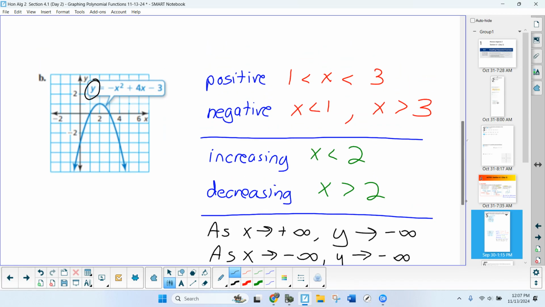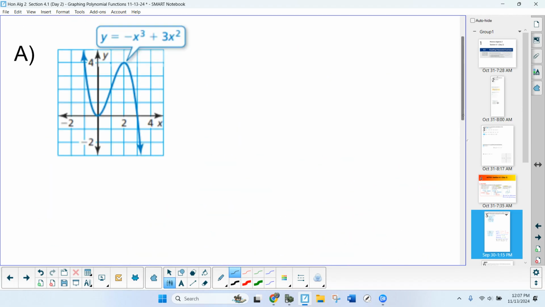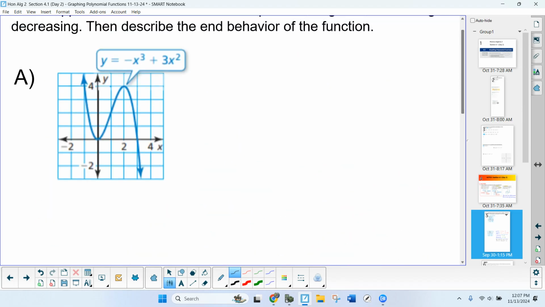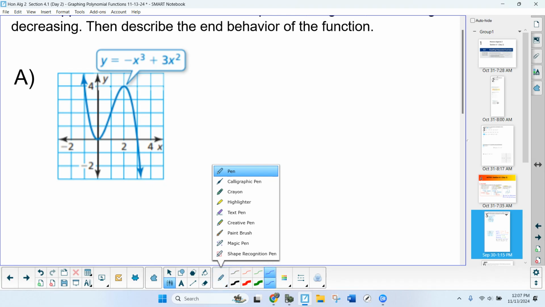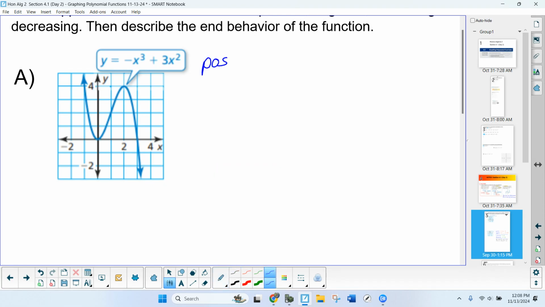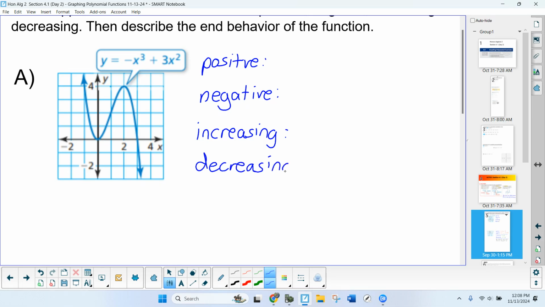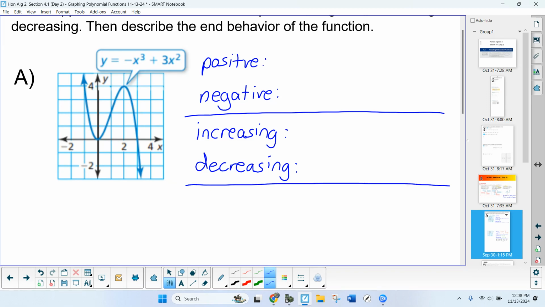And you'll see why I did A second, because I think A is harder than B. Let's do, again, we have positive, negative, increasing, decreasing, and then your end behavior.